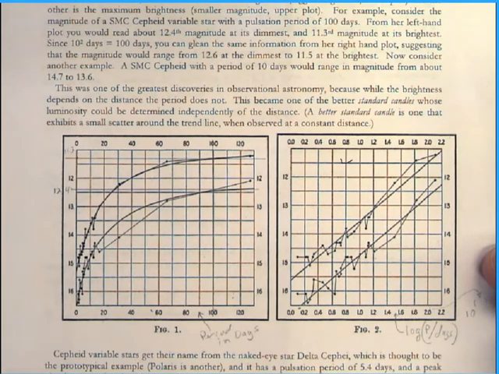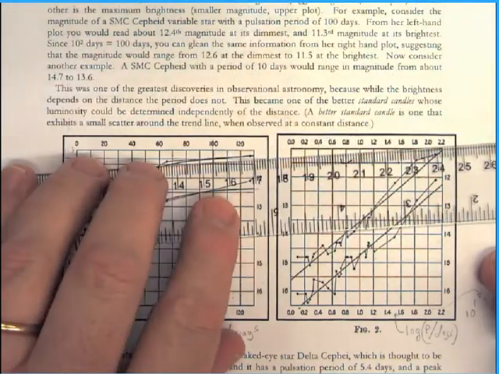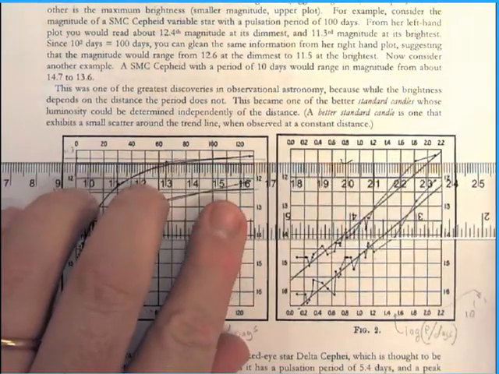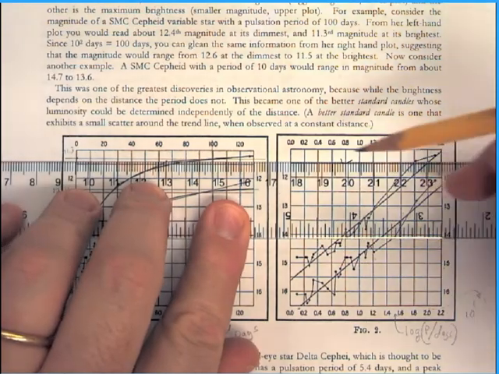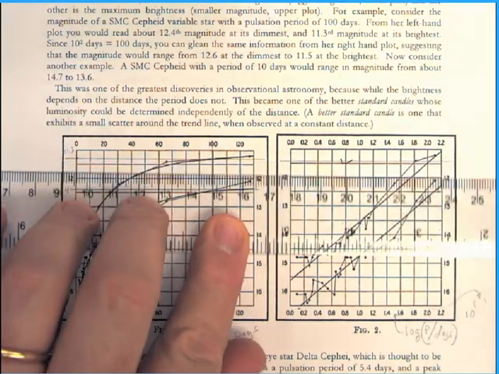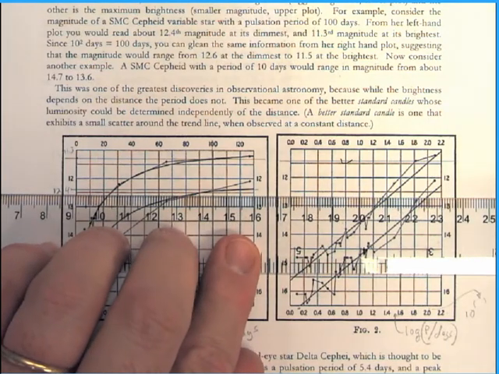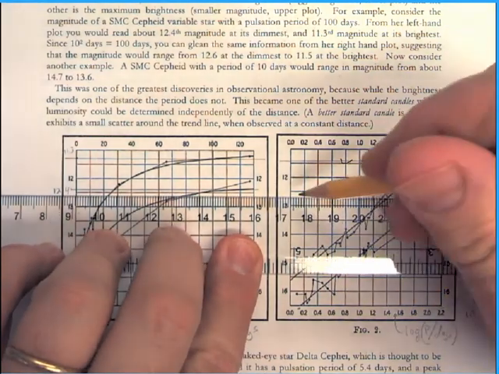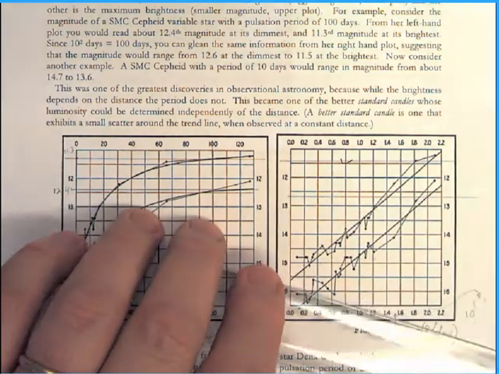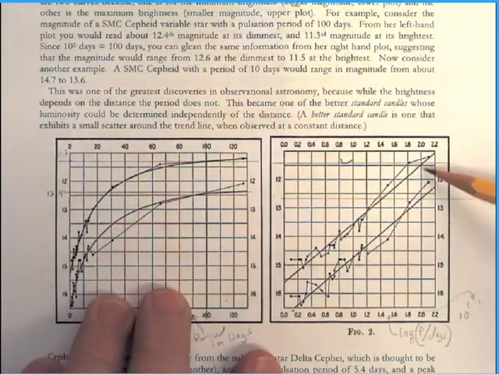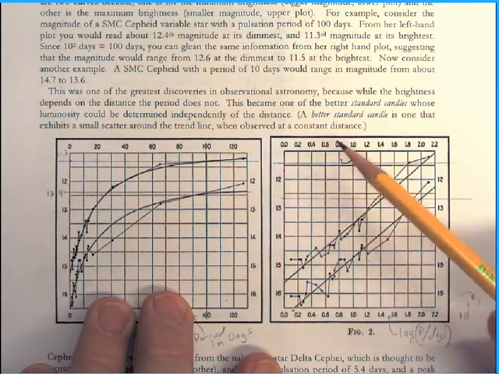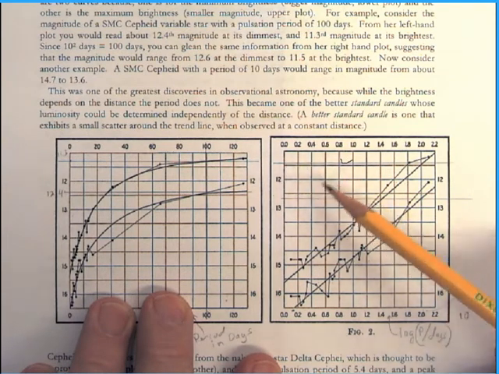If I then take my ruler and look at her best fit line rather than the best fit curve over in the other one, you can see that they correspond to the same values. You see, it's about here and about there.